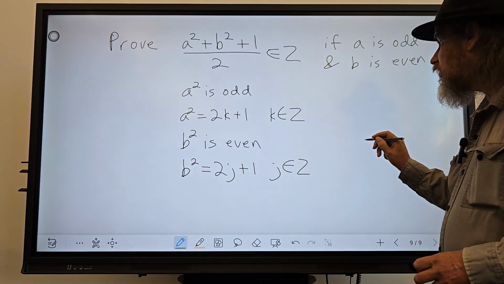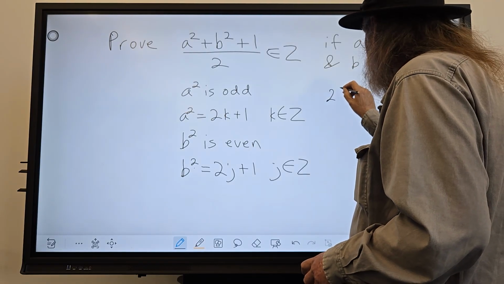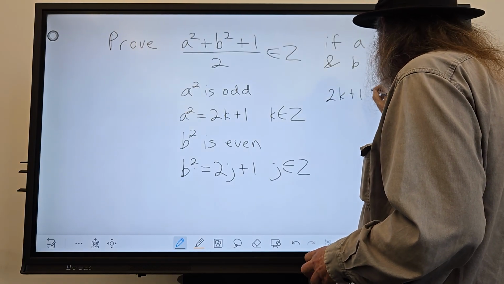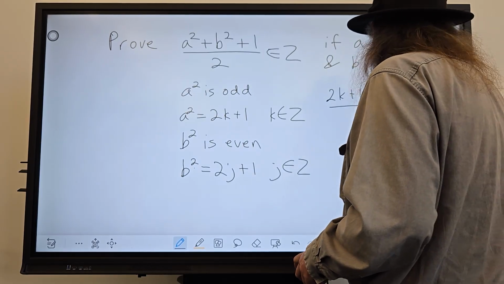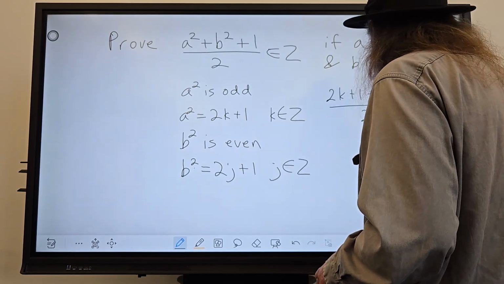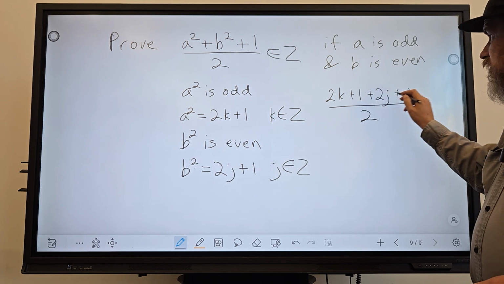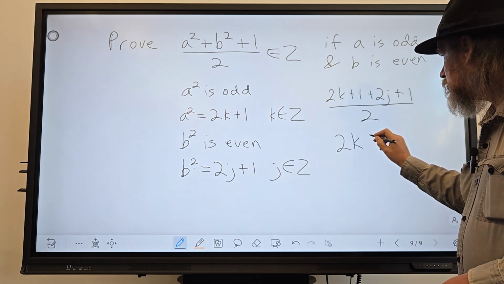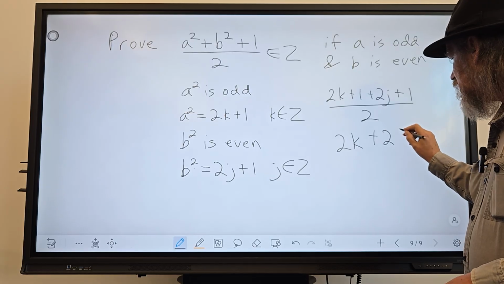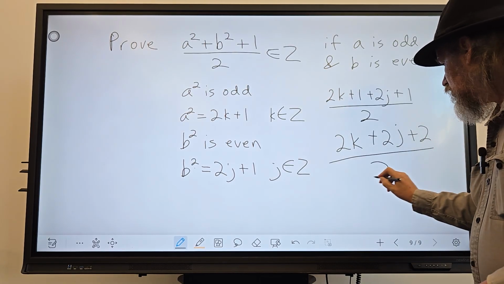So now we have 2k plus 1 plus 2j plus 1 all over 2 by substitution. Consolidating elements, you get 2k plus 2j plus 2 divided by 2.